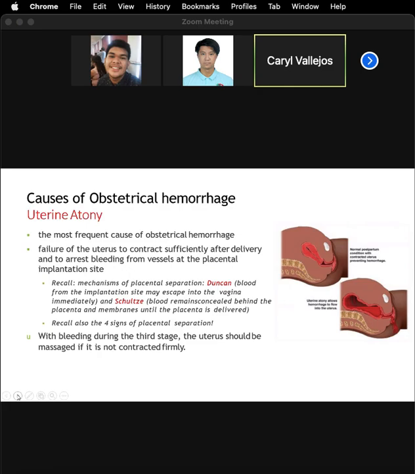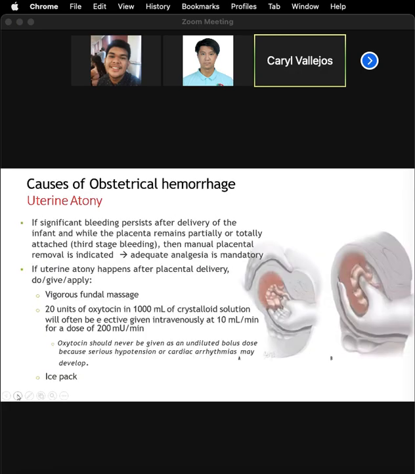Again, recall the 4 signs of placental separation. With bleeding during the third stage, the uterus should be massaged if it is not contracted firmly. If significant bleeding persists after delivery of the infant while the placenta remains partially or totally attached, then manual placental removal is indicated. However, adequate analgesia is mandatory.